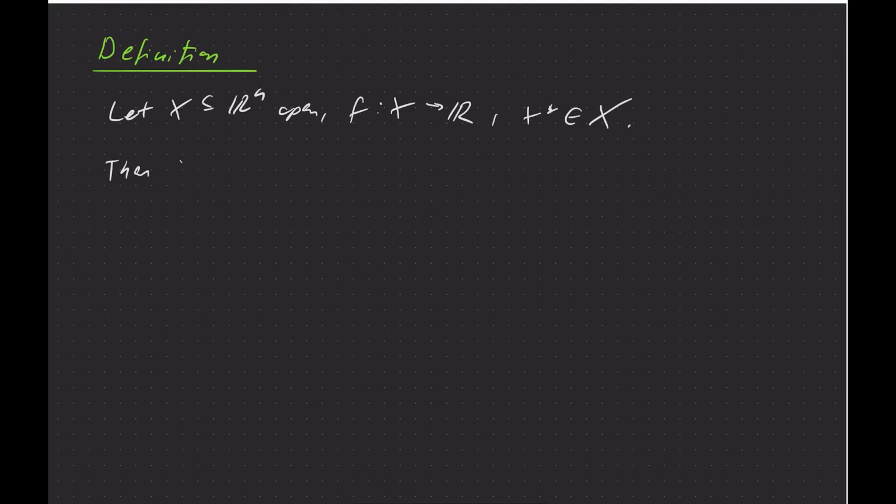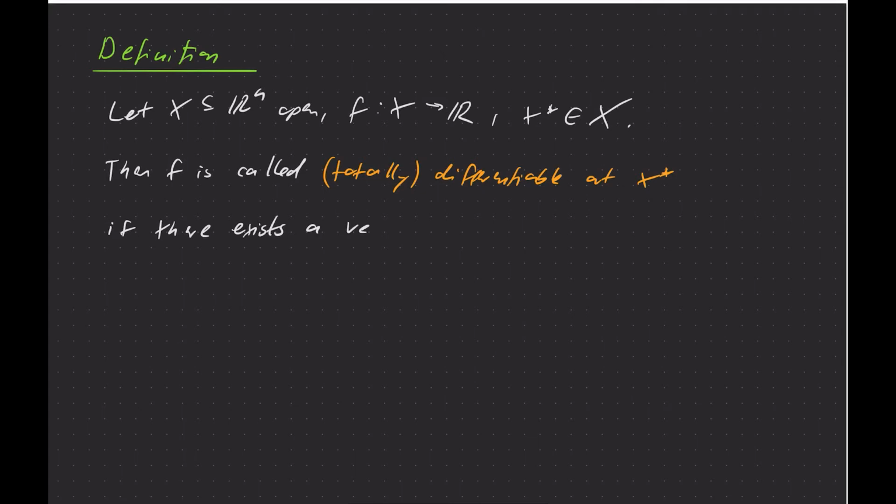Okay, then f is called totally differentiable or just differentiable at x star if there exists a vector, we call that G, in R to the n, and this vector will provide the linear approximation.